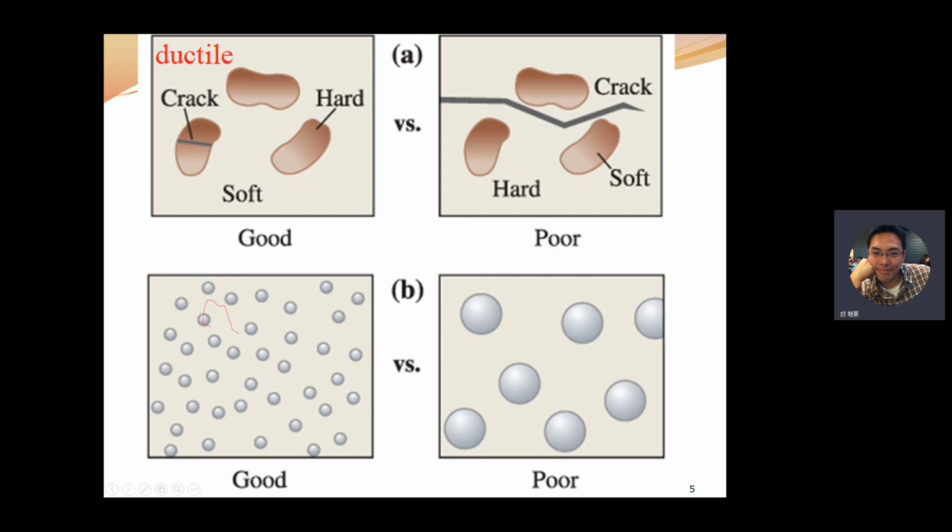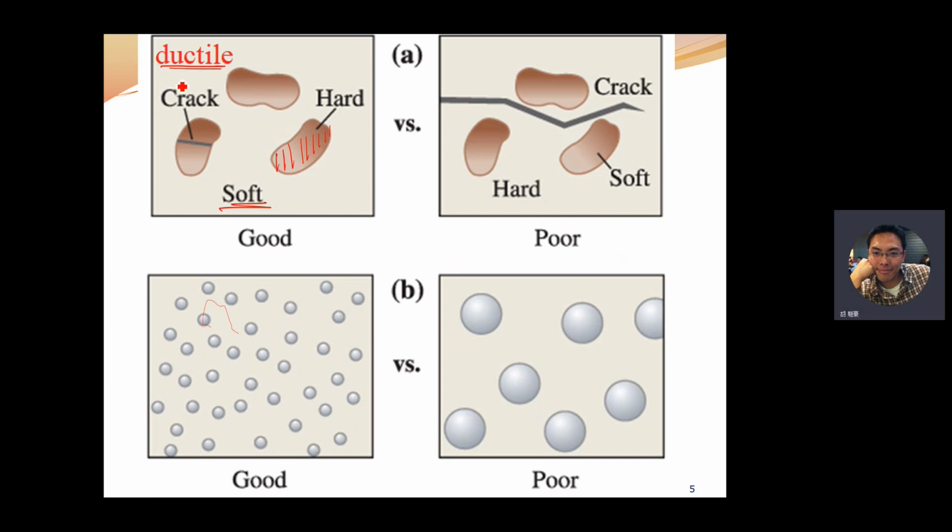Let's look at this picture. These pictures tell us which is good or poor for dispersion strengthening. For example, figure A on the left is a good dispersion. Why? Because the dispersed phase is hard and strong, and the matrix is soft and ductile.